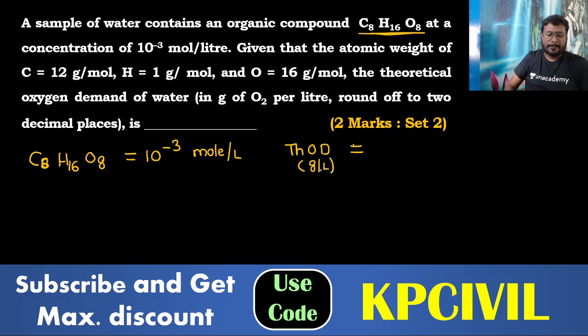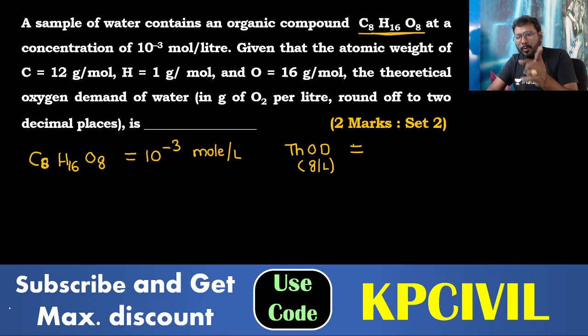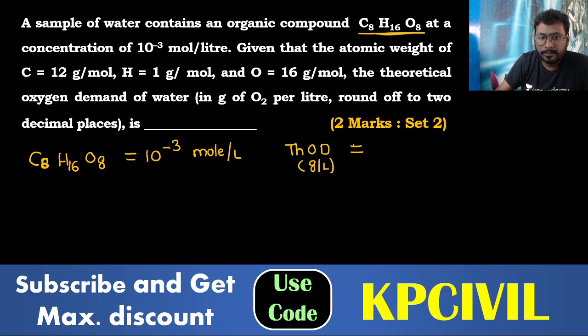THOD required in gram per liter means, first of all you have to convert the given mole per liter to gram per liter. Just multiply with the molecular weight. Simple. You got it? So what is the molecular weight of this one?